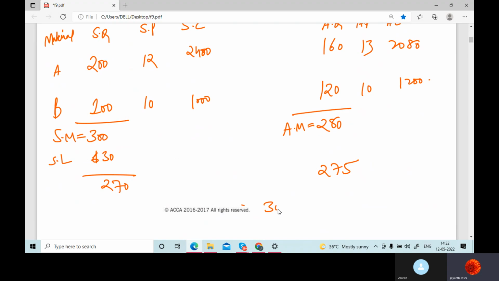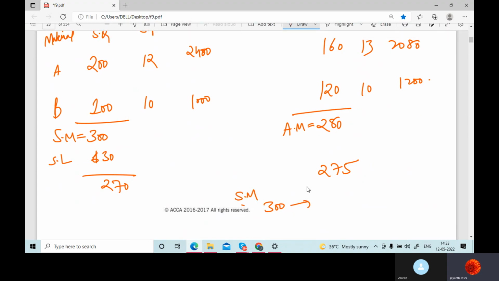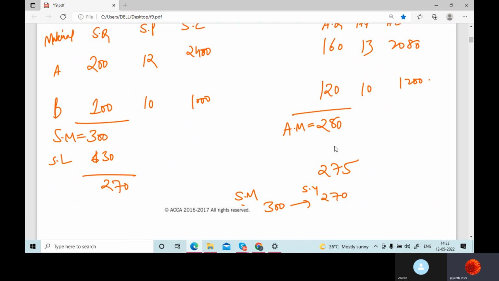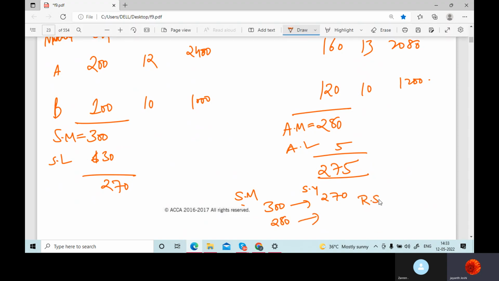For 300 standard mix, if our standard yield is 270, so here the loss is 30, for 280 actual mix, what is the revised standard yield?